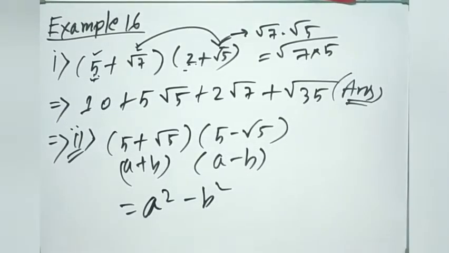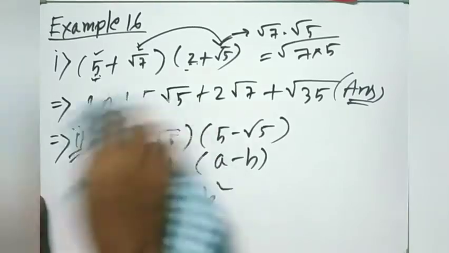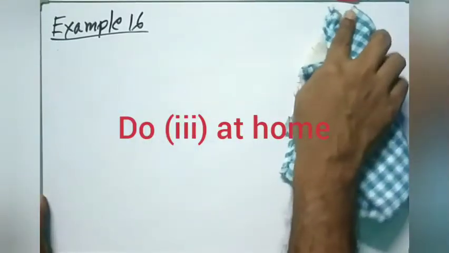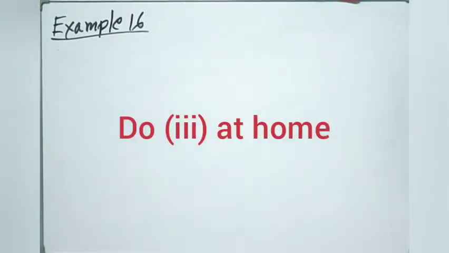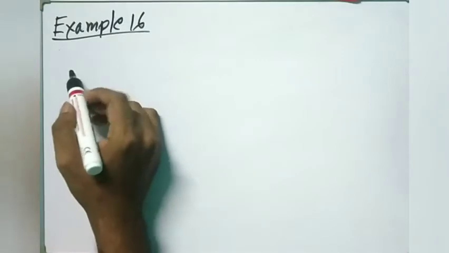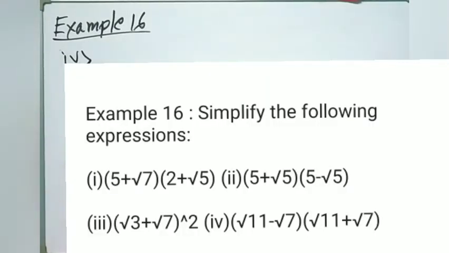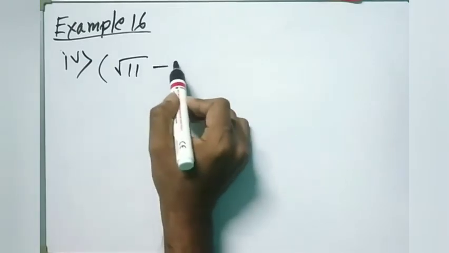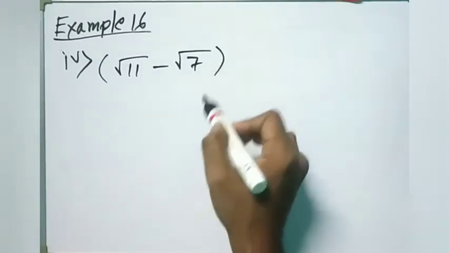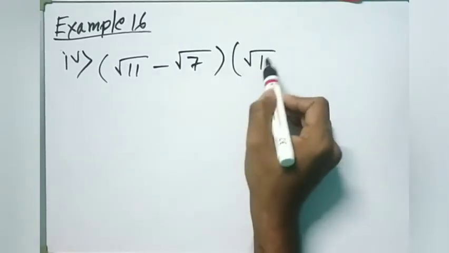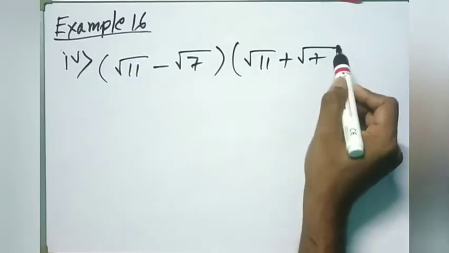Okay, so third one. Now the fourth one is root 11 minus root 7, root 11 plus root 7.